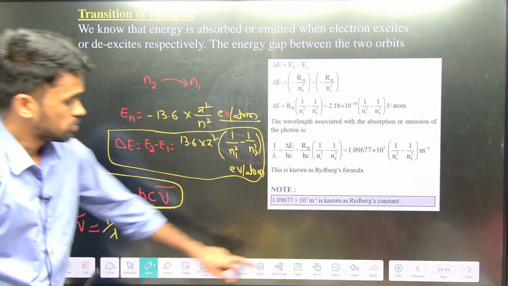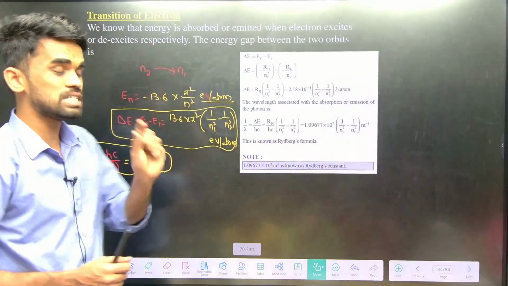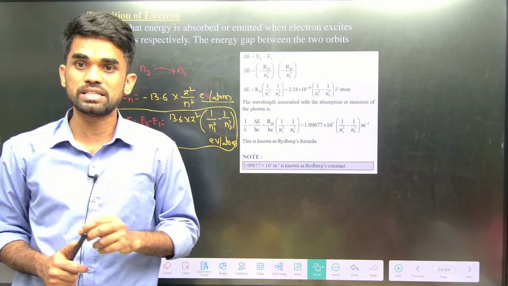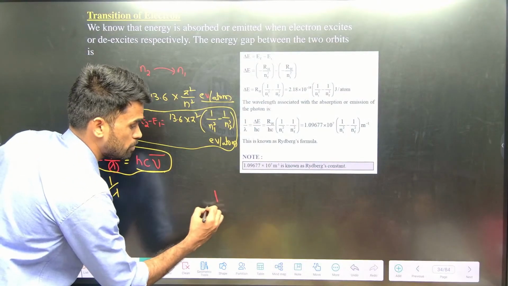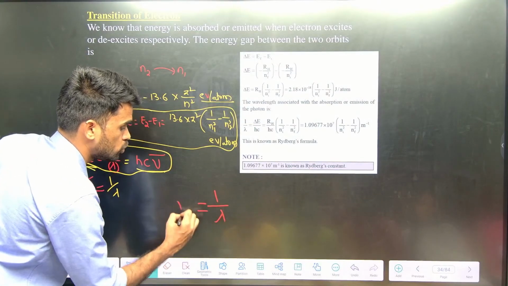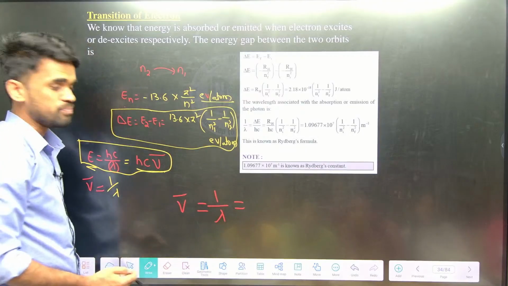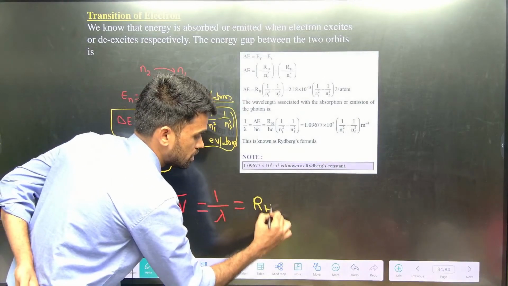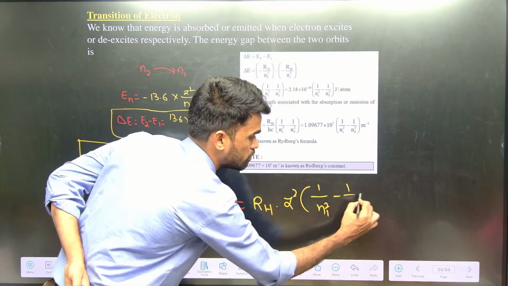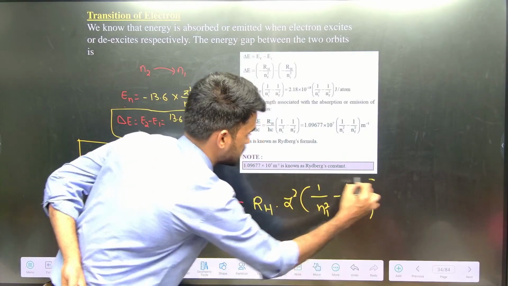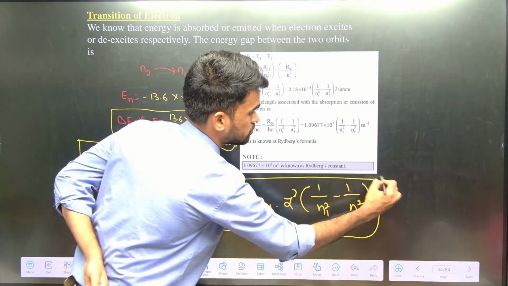Now there is one thing called Rydberg's equation: 1 by lambda, which equals nu bar, is given as RH into Z square into 1 by N1 square minus 1 by N2 square. This is the final equation you write.